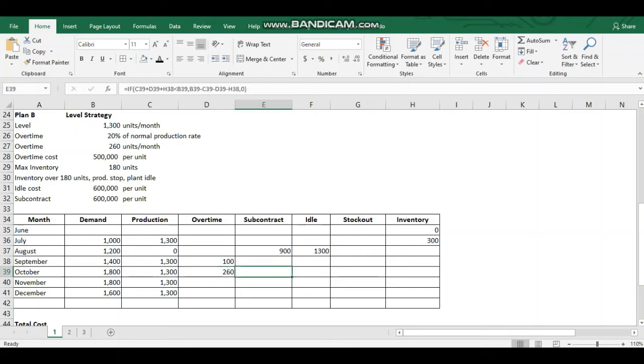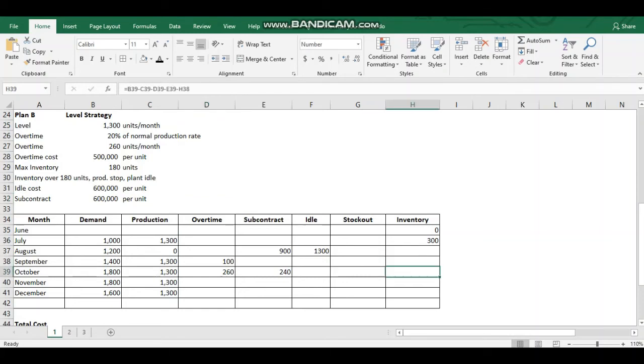So we already produced as much as 1300 units, and then plus this number, so we currently have 1560 units. So the remaining units left is 240 units, right? So that will be how much we will subcontract to another company. And we have no inventory for this month.